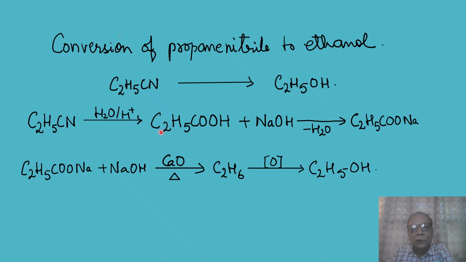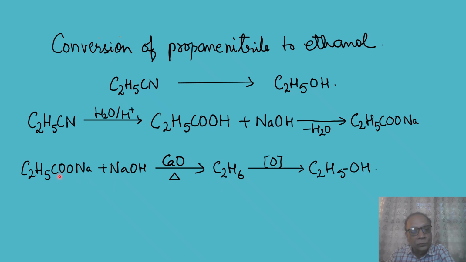And it gives you C2H5COOH, no loss of carbon here. So it is propanoic acid. Propanoic acid is first converted to sodium propanoate, and then with the help of soda lime, that is NaOH and CaO, it is reduced to ethane.